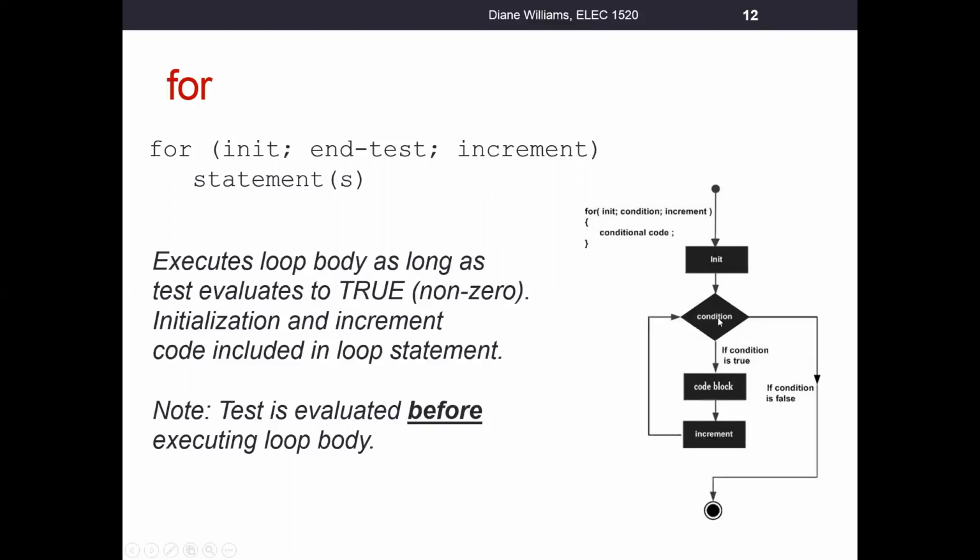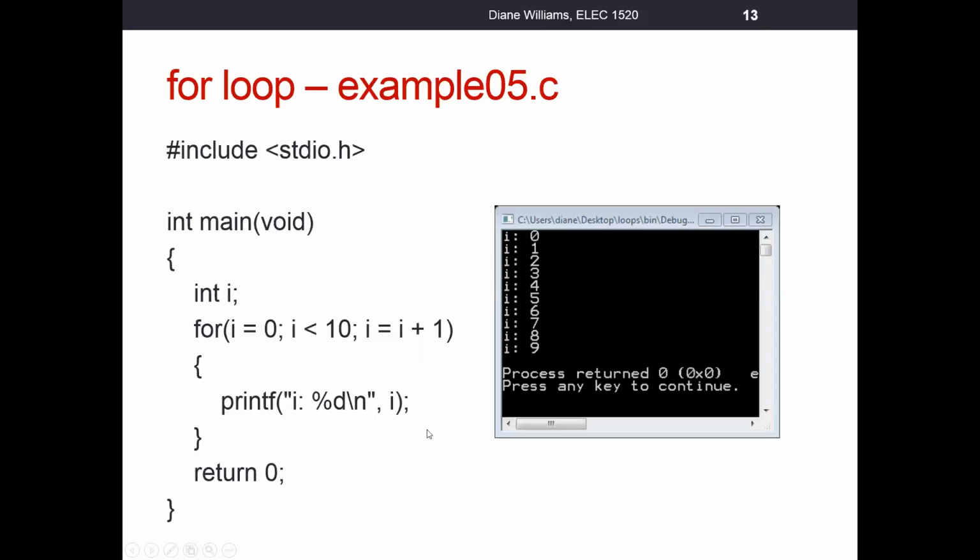Whenever the condition's false, we skip over the statements in the body of the loop and the incrementer, and we execute whatever statement follows the loop. Once again, just like the while loop, the test condition is evaluated before executing any statements in the loop body.